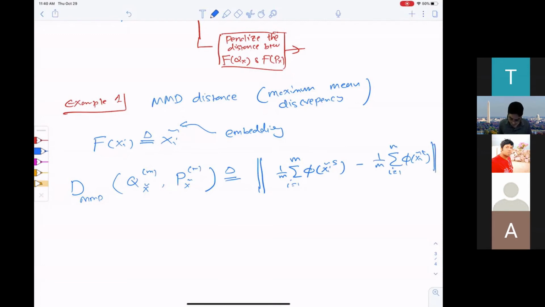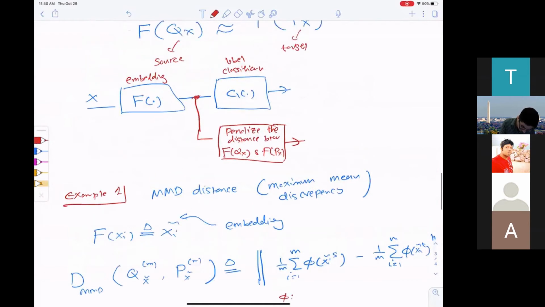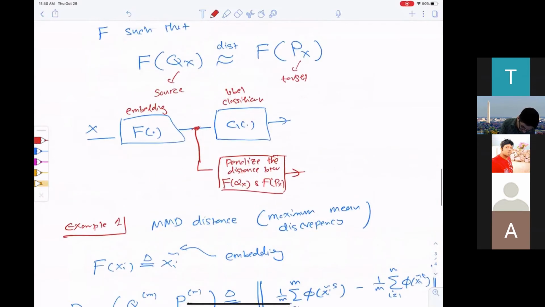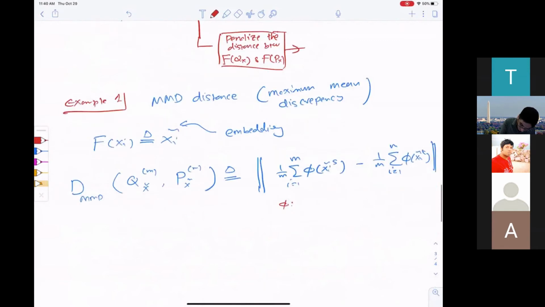This phi function potentially maps, let's say if my samples x tilde are in R dimension, these R dimensional samples to a very, very large space. It can be like polynomials of degree 10 or any other functions.